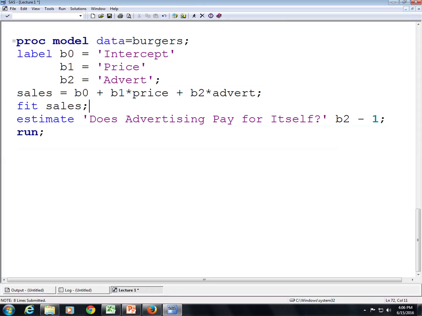But for the third question, does advertising pay for itself? I want to do a test of beta 2 minus 1. Again, in the estimate statement, I always put the left-hand side of whatever equation should equal 0. Okay?